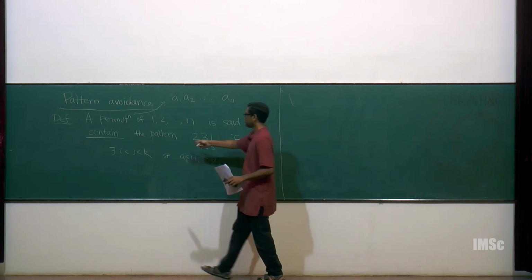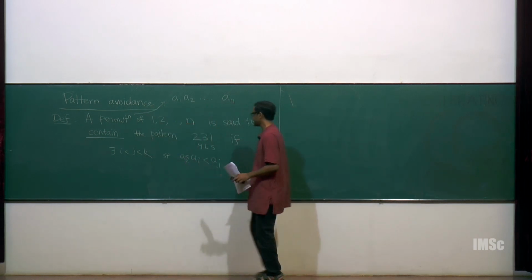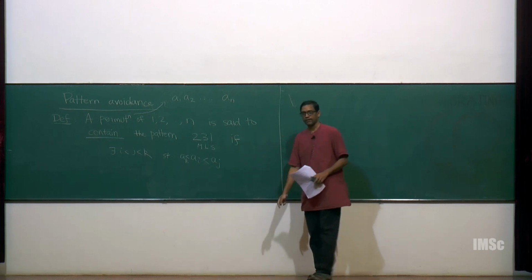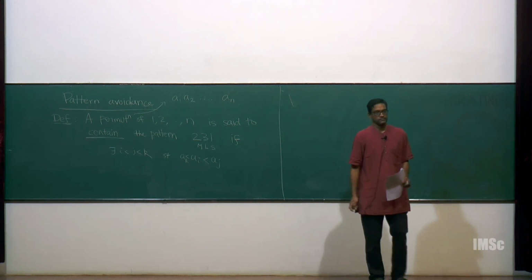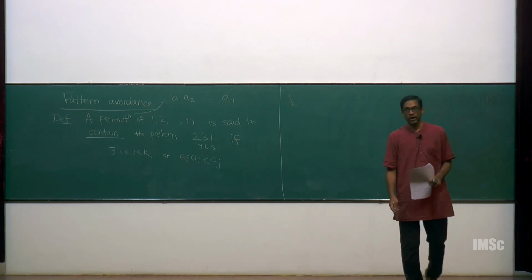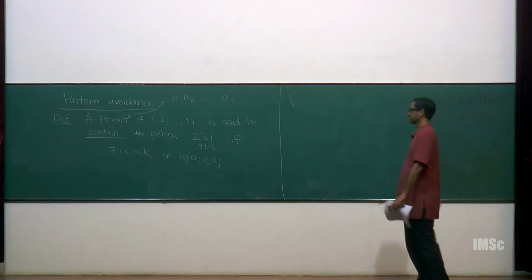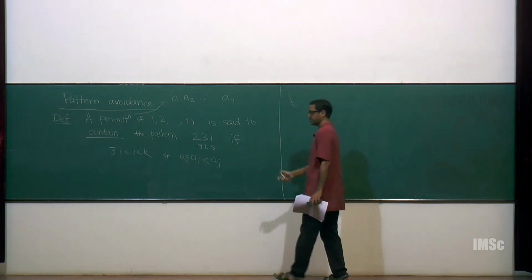However, I talked about something called avoidance. So if a permutation does not contain the pattern 2, 3, 1, then we say it avoids the pattern. Avoiding the pattern means you should not be able to find any such triple which are in this relative order.